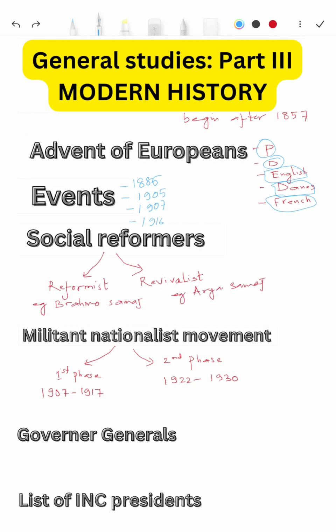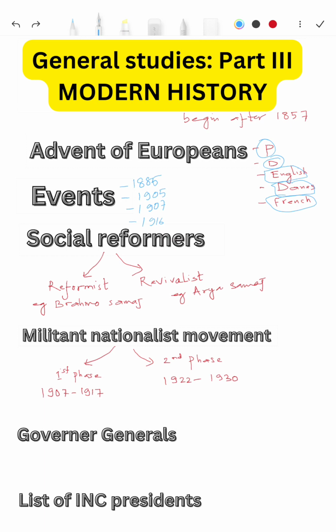Social reformers can be broadly classified into two categories. One is the reformist. Reformists try to change or improve societal conditions. An example is the Brahmo Samaj, which, through the leadership of Ram Mohan Roy, tried to improve the societal conditions of that time.